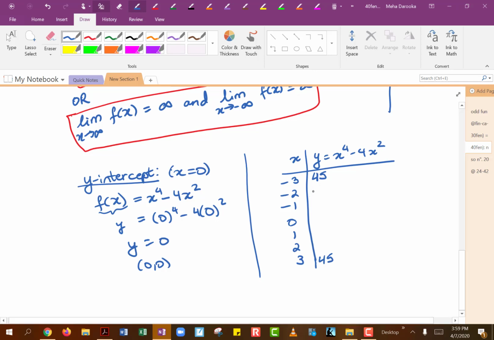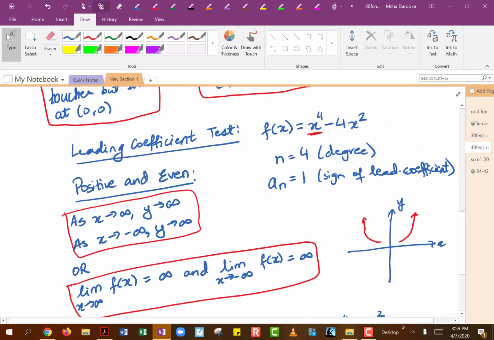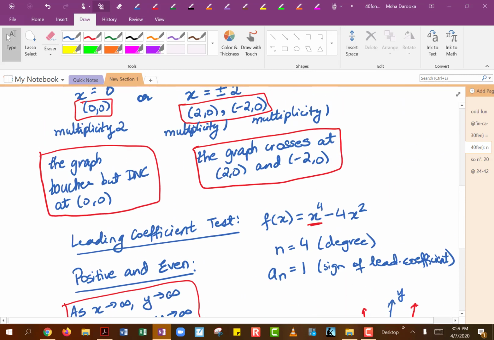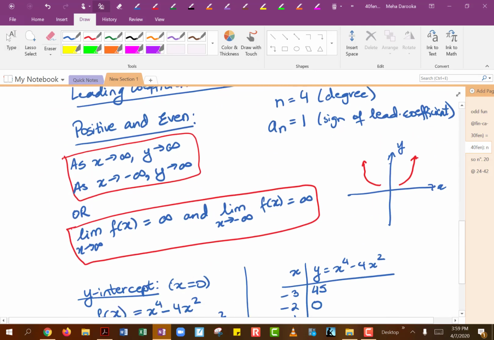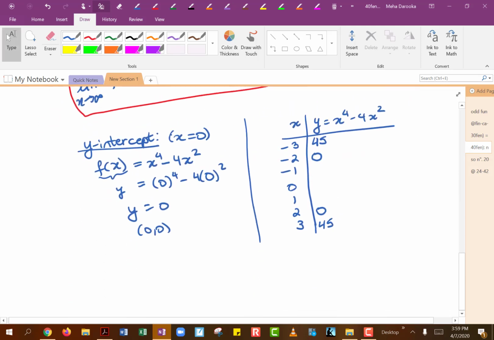At -2 you are going to get a 0, which means at +2 also you are going to get a 0. And remember, -2, 0, and +2, 0 are also our x-intercepts. So, of course, no surprise you got those answers. And then let's check with -1.